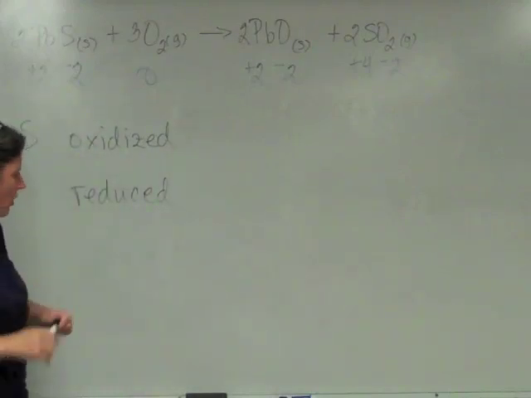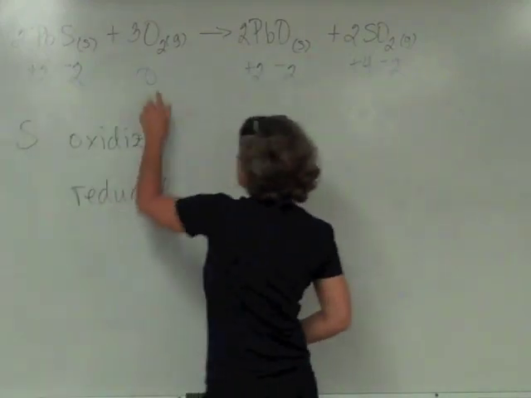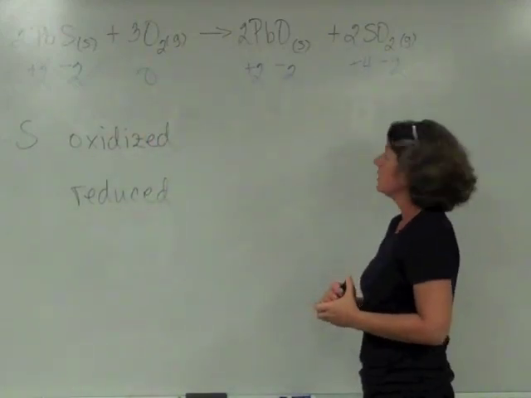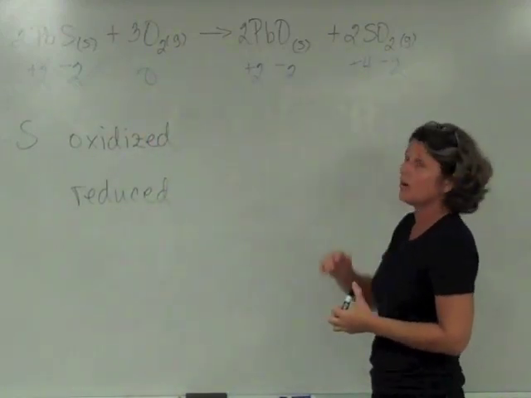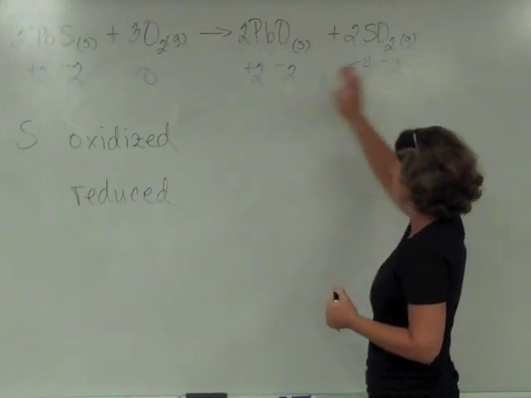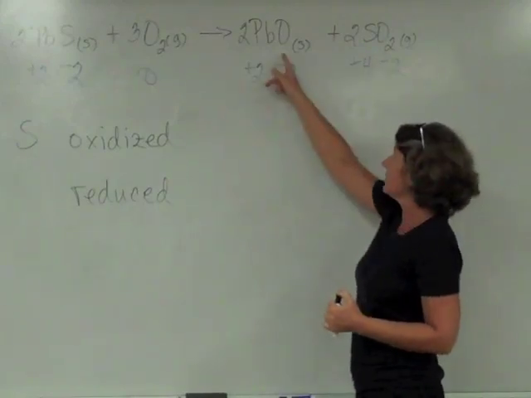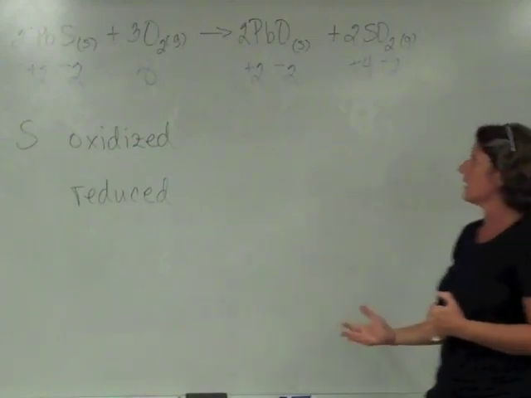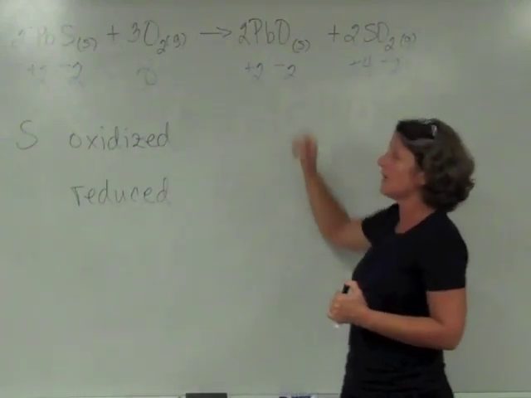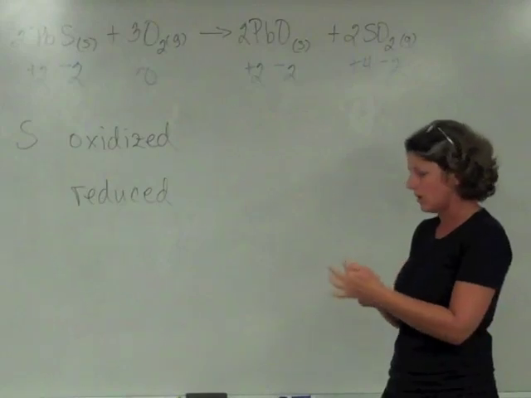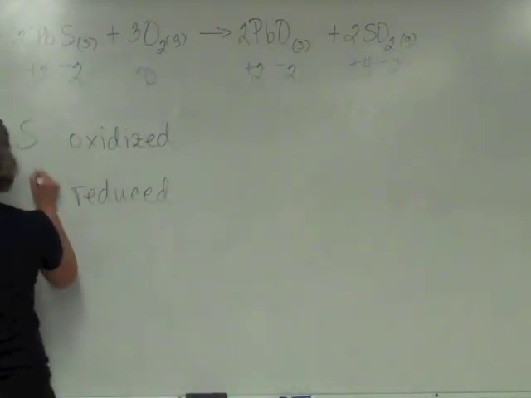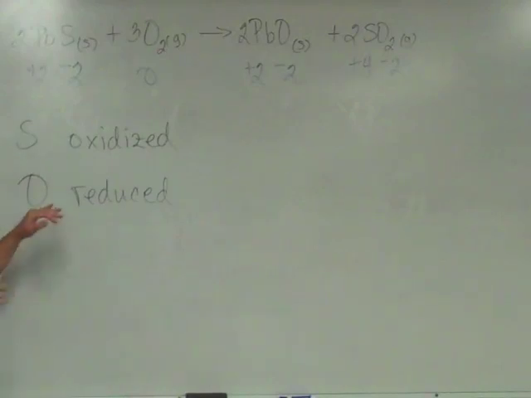Gain electrons, reduced. Oxygen goes from a 0 to a negative 2, so it gains 2 electrons. And so it's the element oxygen that is being reduced.